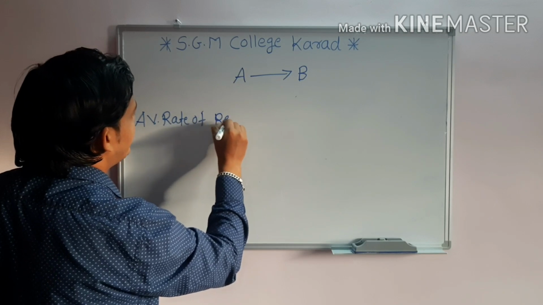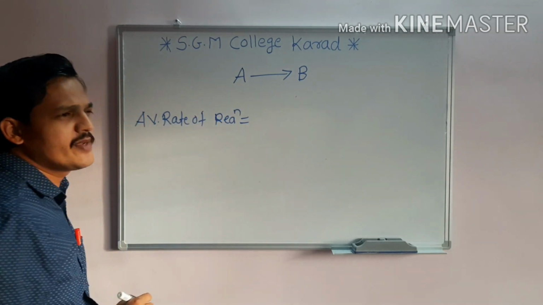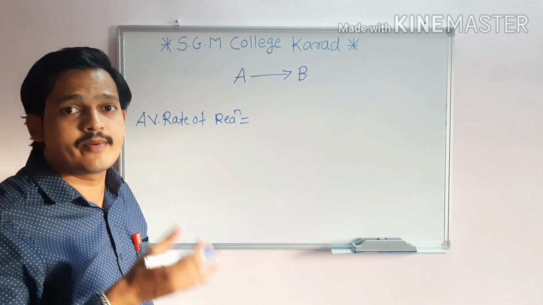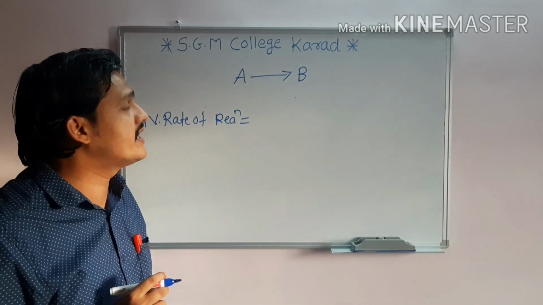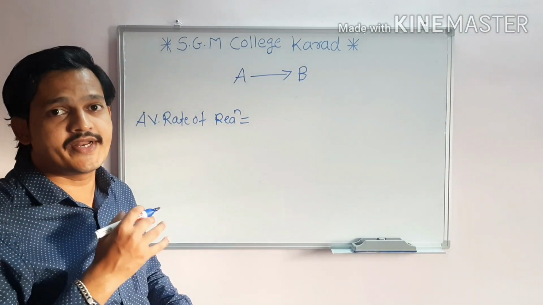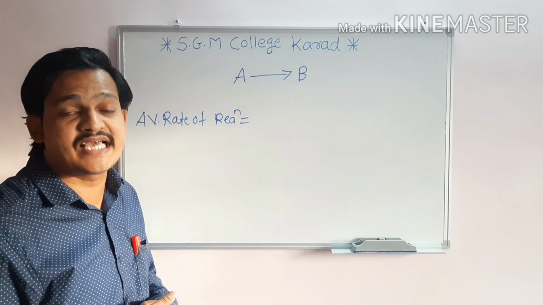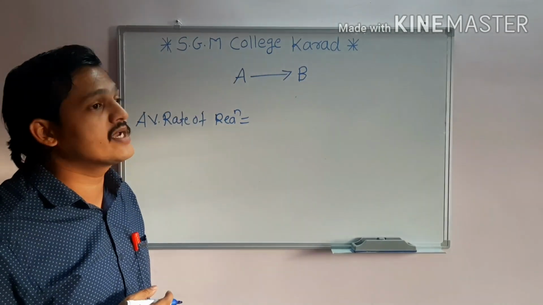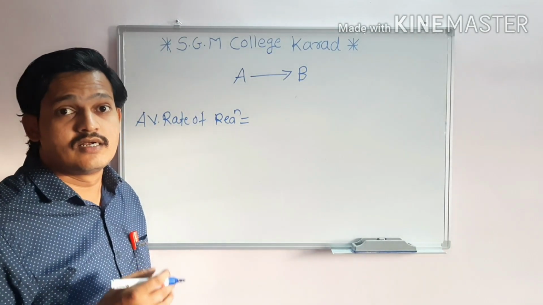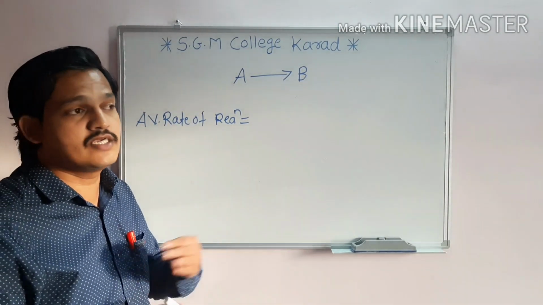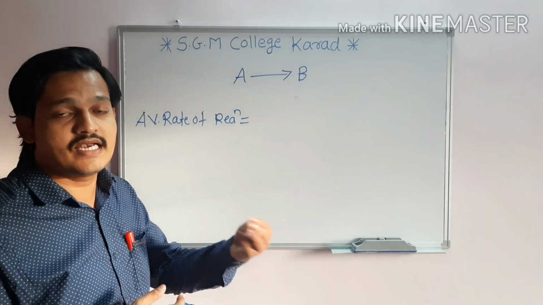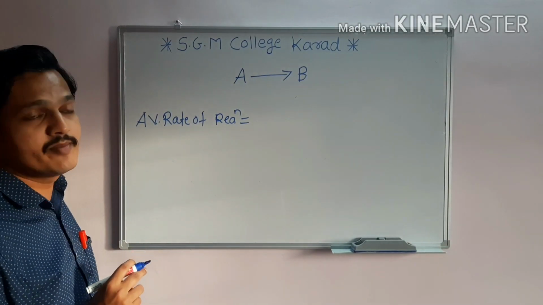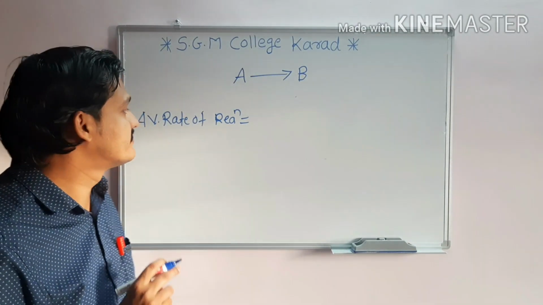The study of chemical kinetics is mainly based on industrial purpose, not laboratory purpose, because we have to convert reactant into product as early and as fast as possible. So the study of chemical kinetics is necessary to understand how a reaction goes fast, and it is really very important for us.